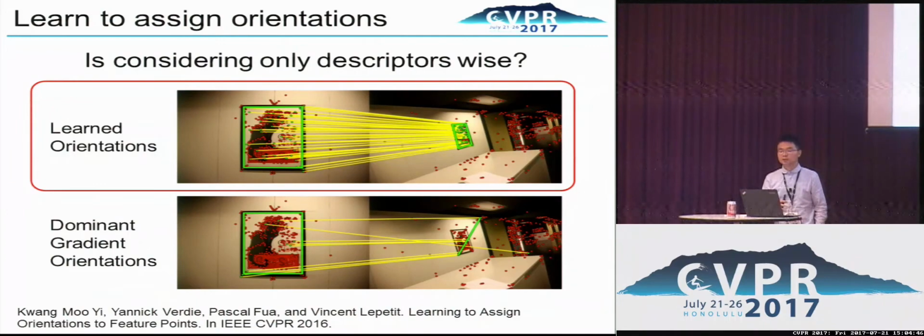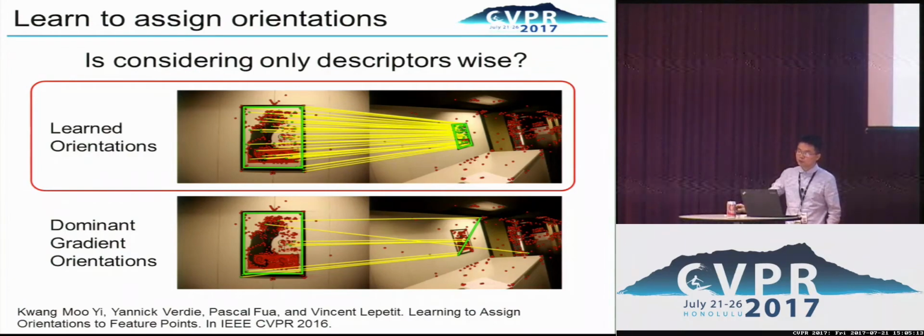So far, the methods I have introduced are all for descriptor learning. However, is considering only descriptors wise? The answer is no. In CVPR 2016, Yi et al. have pointed out that the orientations of local patches play a very important role in the problem of patch matching.